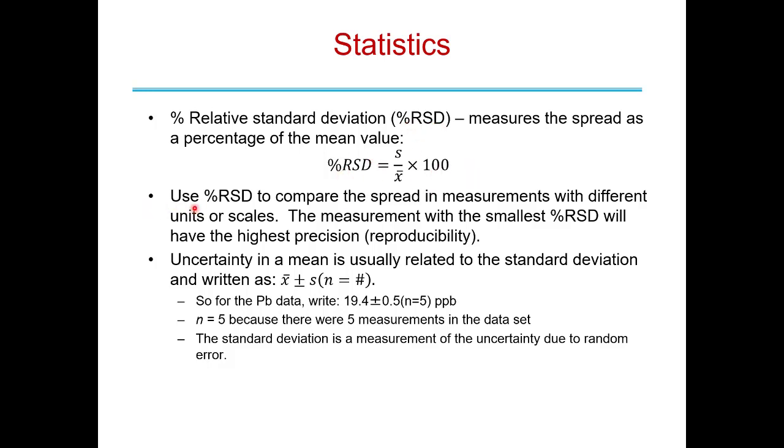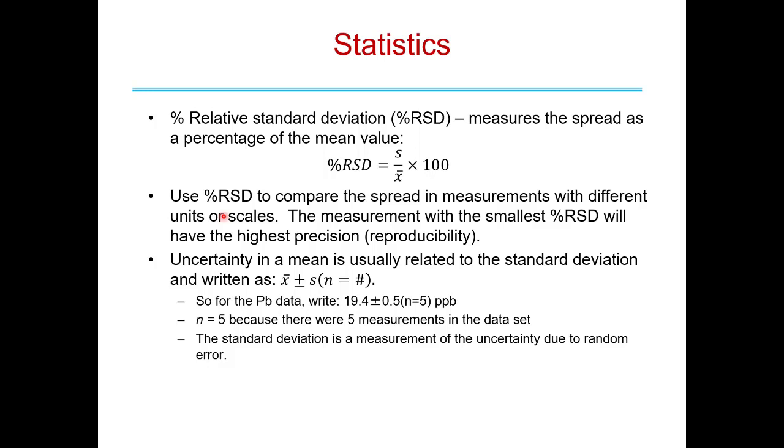This is useful if you want to compare spreads in measurements with different units or scales. Maybe you're measuring the spread in the mass of pennies and the spread in the mass of elephants, right? Those are very different scales, so you might want to use percent RSD to compare your precision in those two different kinds of measurements. Or perhaps you're comparing measurements in grams to measurements in milliliters.